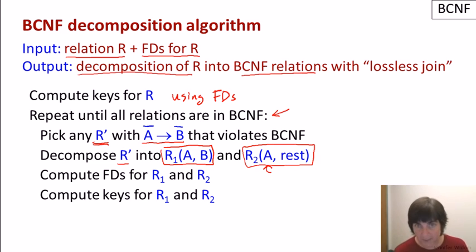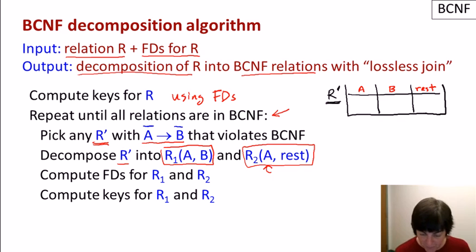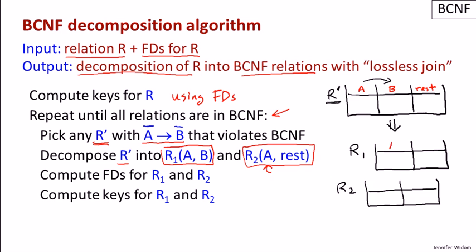So let's draw this as a picture. So here's our relation R prime, and of course the first time through our loop that relation would have to be R itself. And then because we have a functional dependency from A to B, and A is not a key, that means it's a BCNF violation, we're going to decompose this into R1 and R2. So R1 will contain the attributes in the functional dependency. R2 will contain the left-hand side of the functional dependency and the rest.